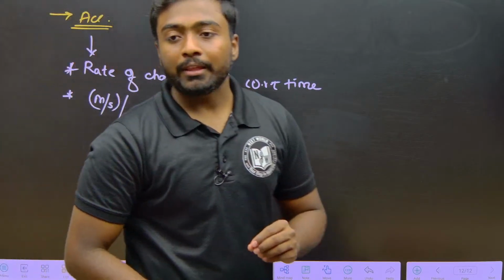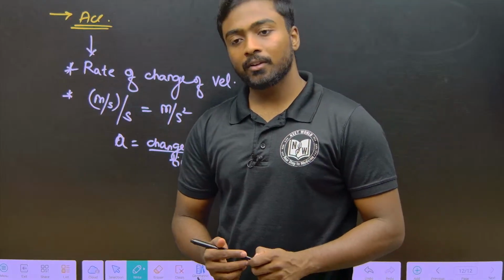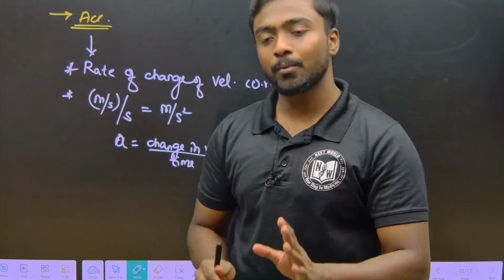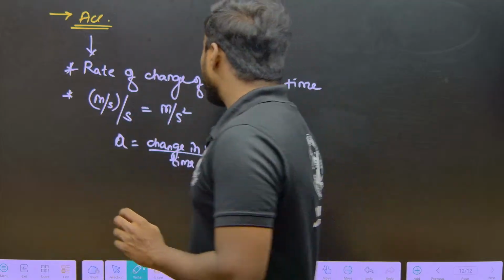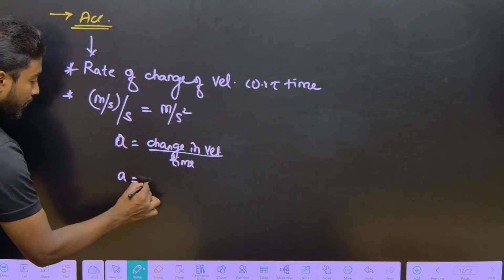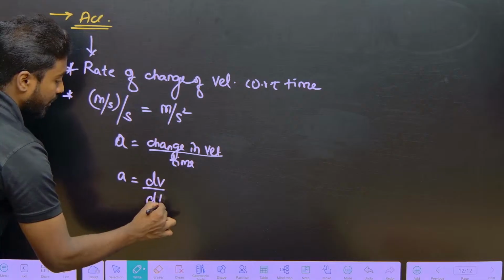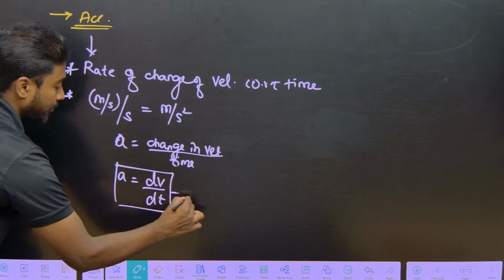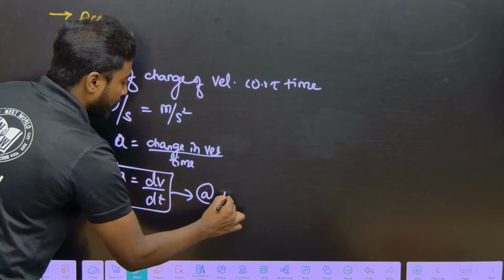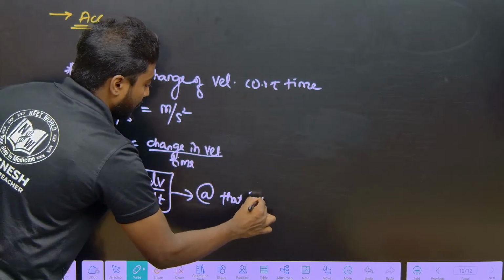If I talk about the instantaneous acceleration, this is at that particular instant, the acceleration they are asking. So it means a will be equal to dv by dt. This is instantaneous, at that instant.